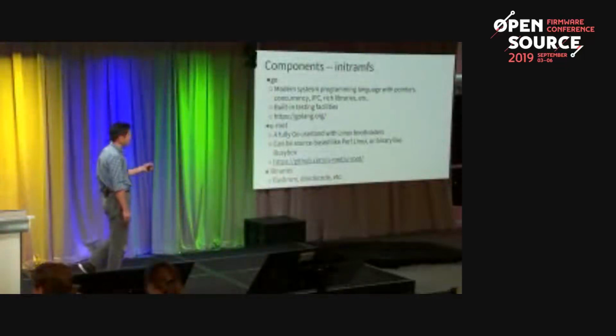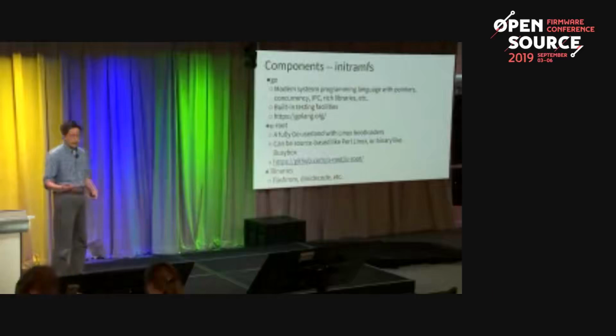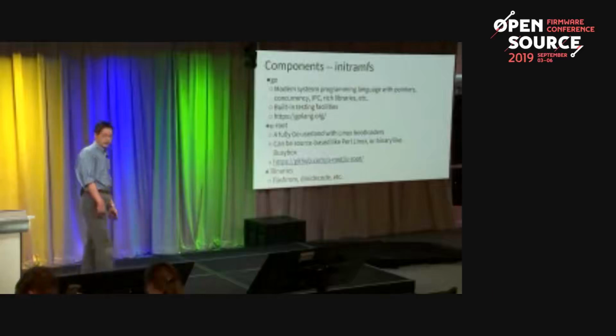Today we have dmidecode as a binary. We build it statically and then include it into the initramfs. But we also have some interns working on translating dmidecode to the Go language. That will vastly reduce the size of the binary, because in some of our servers, we only have 8 meg of flash.